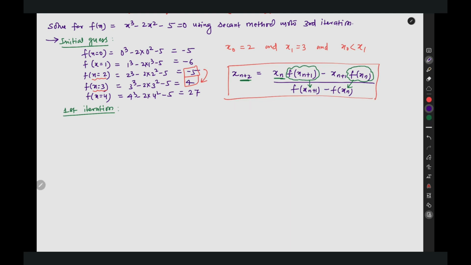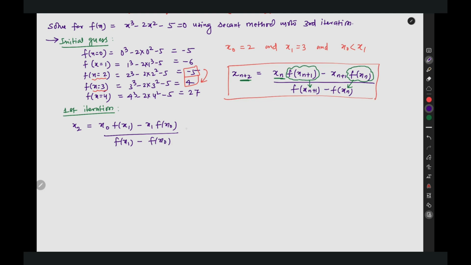Now we will write the formula for the first iteration. For the first iteration, we will write the formula for x2. So we will start with x1 minus f of x1, multiplied by x1 minus x naught, divided by f of x1 minus f of x naught.